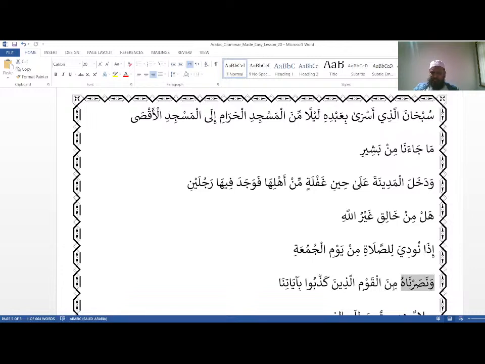And we helped him against the people, those who denied our signs. Although in Arabic the حروف الجر are used like this, when we translate in English we have to change a little bit. When we translate literally as from, it will not make sense.